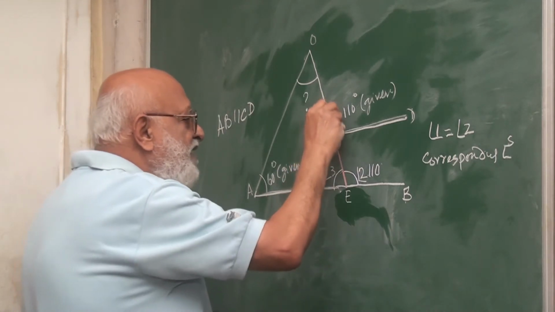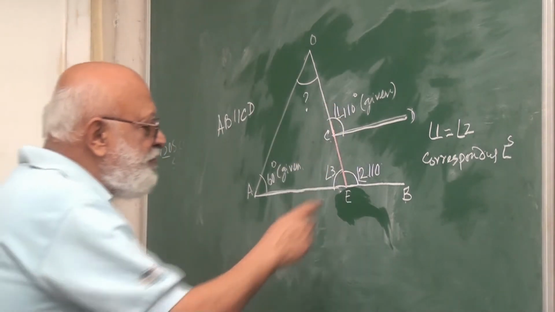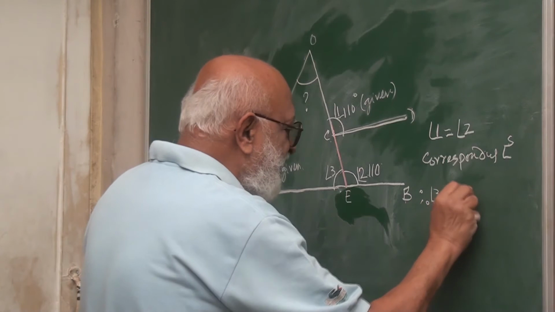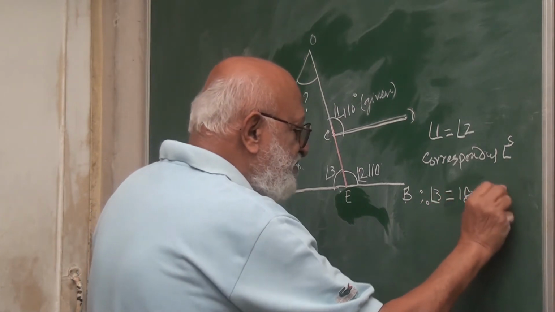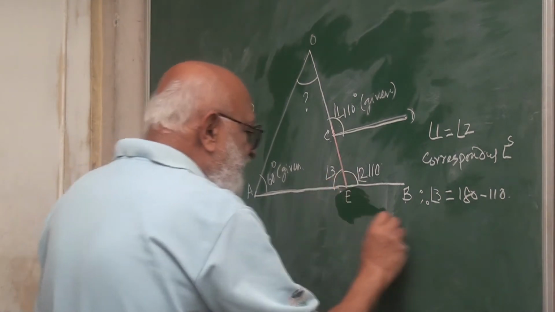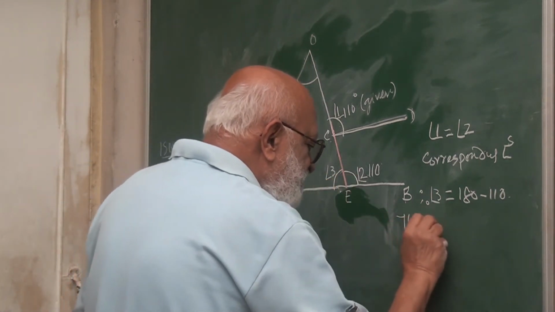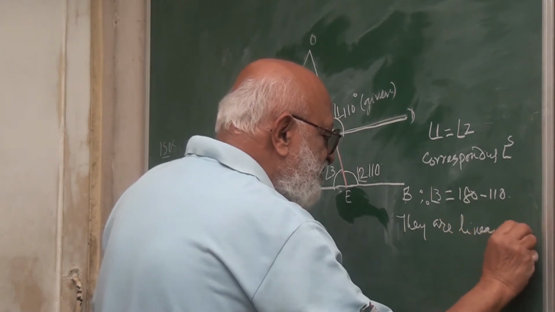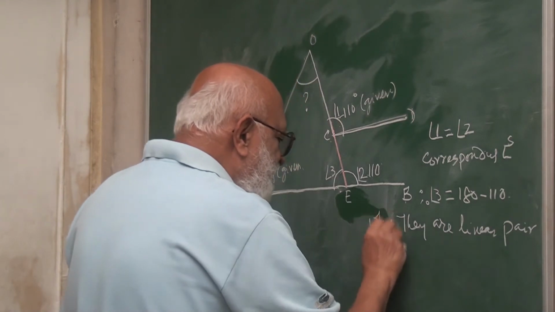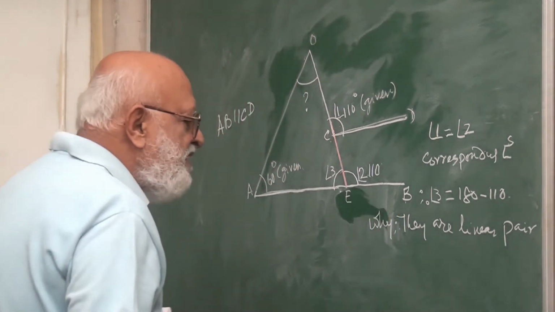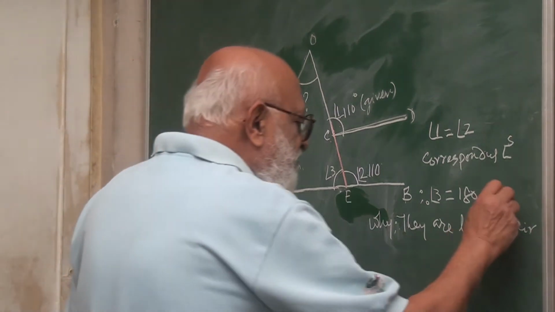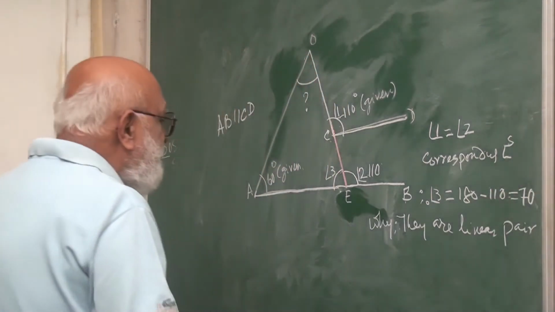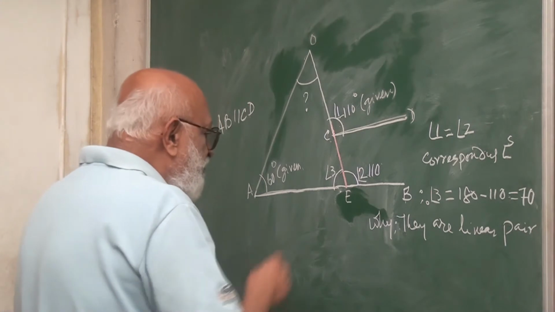So angle 3 would be 180 degree minus 110, because they are a linear pair. That would be equal to 70. So we have got this one as 70. We have not much work to do.